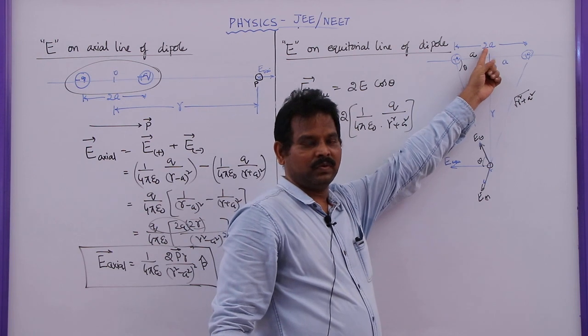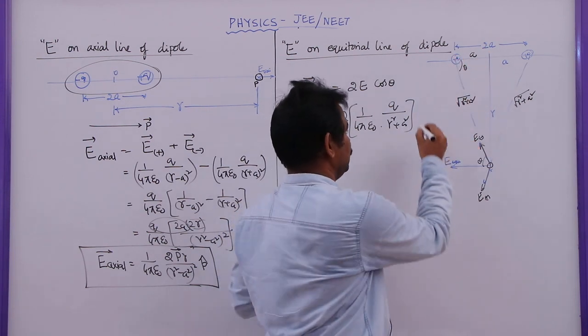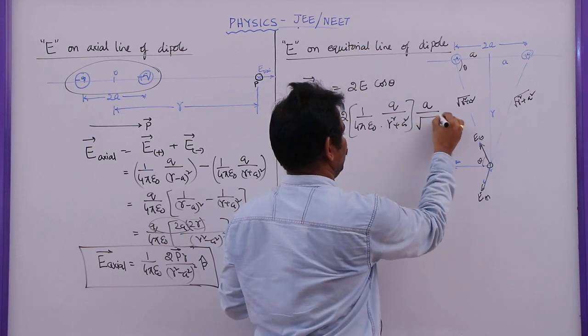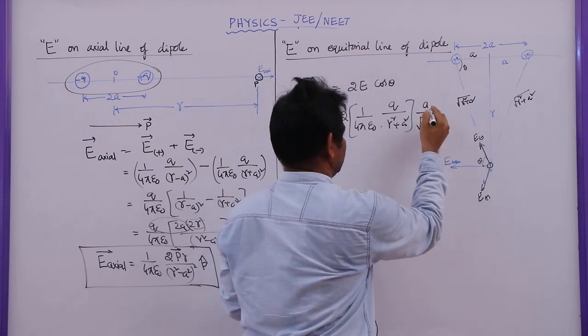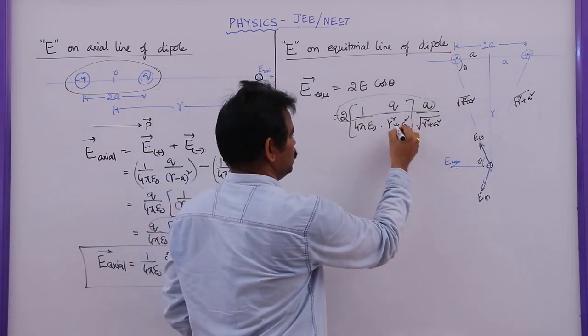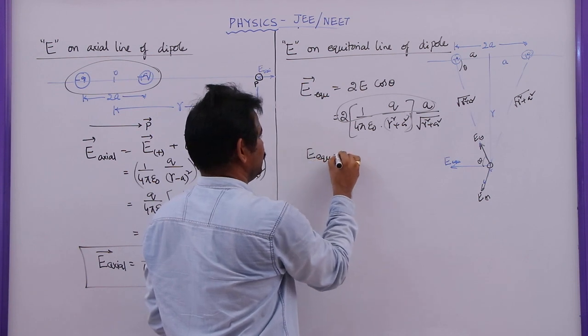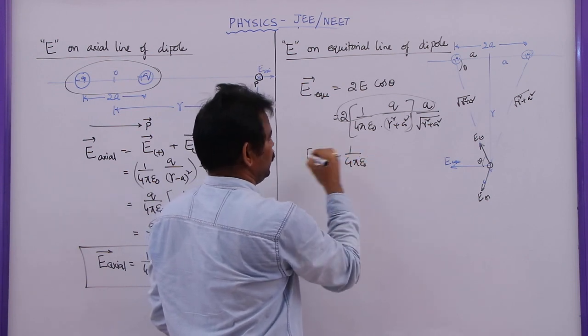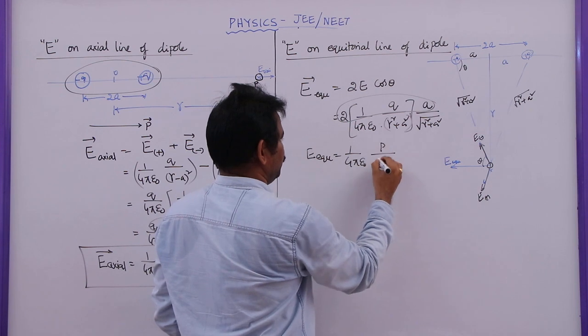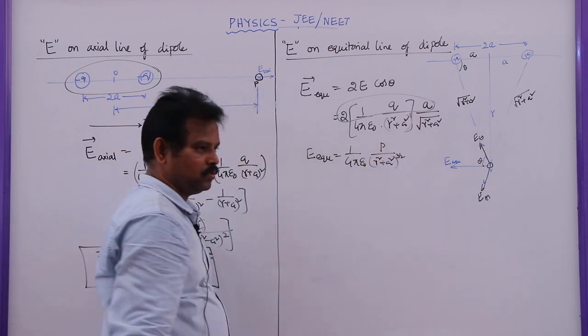So we can write A by root over R square plus A square. You can observe here, this is the dipole moment, and the powers combine to 3 by 2. So the E equatorial is given by 1 by 4 pi epsilon naught P by (R square plus A square) whole power 3 by 2.